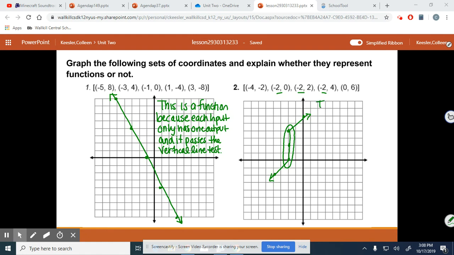So this is not a function because the input of negative 2 has 3 different outputs and doesn't pass the vertical line test.